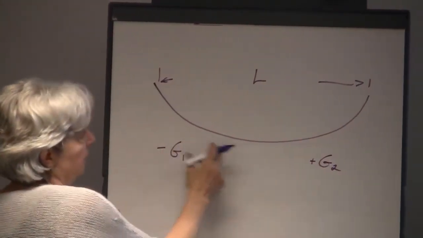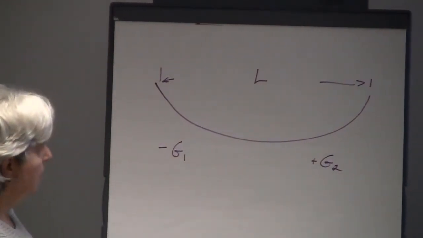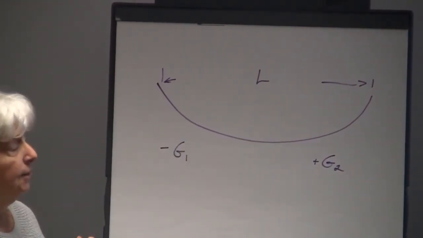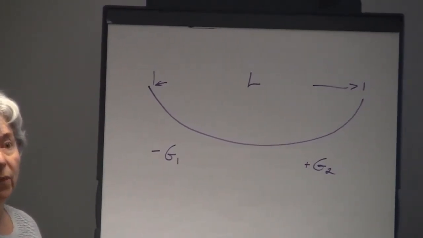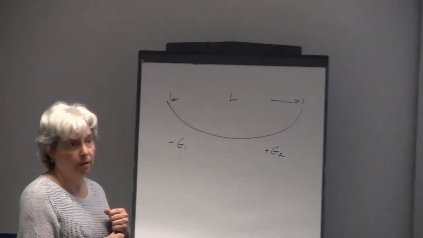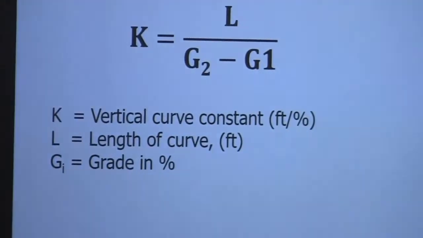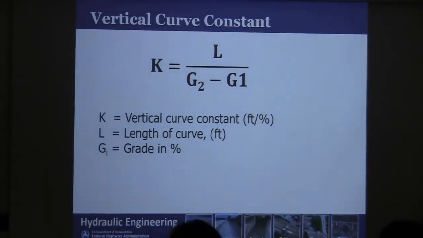This grade is coming down, this grade is going up. If your K is equal or less than 167, then you have met the requirement of the minimum grade. Okay? So be careful of the signs too, because that G1 is actually minus a minus.